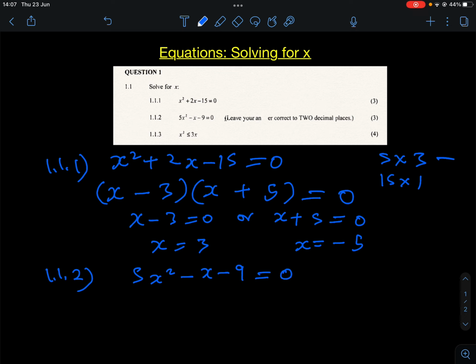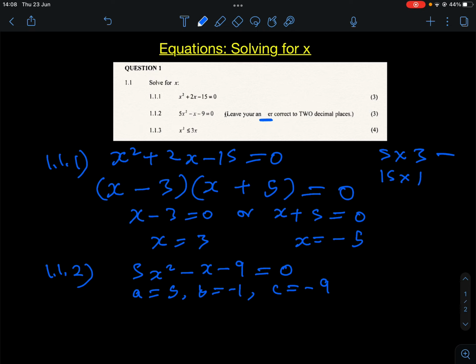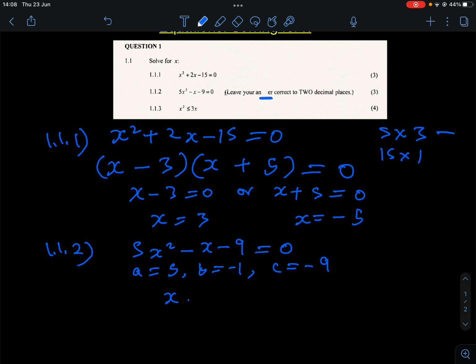It says leave your answer correct to 2 decimal places. So here we have to use the quadratic formula for solving this question. So our value of a is 5, the value of b is negative 1, the value of c is negative 9. So let us use the equation here.